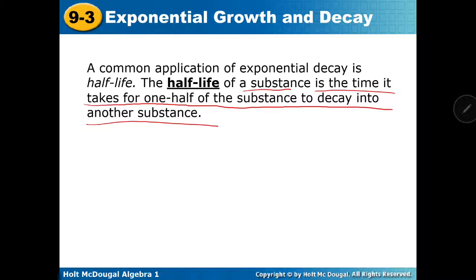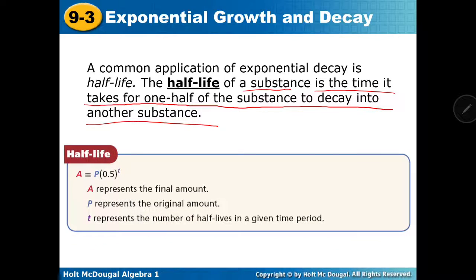All materials that have radiation lose half of their mass, but they differ in how much time it takes to lose half of the mass.